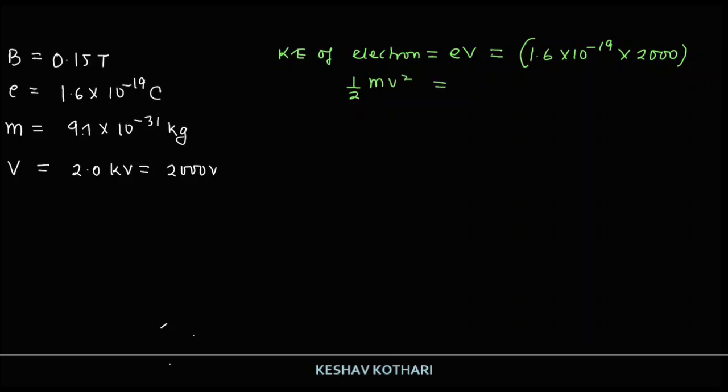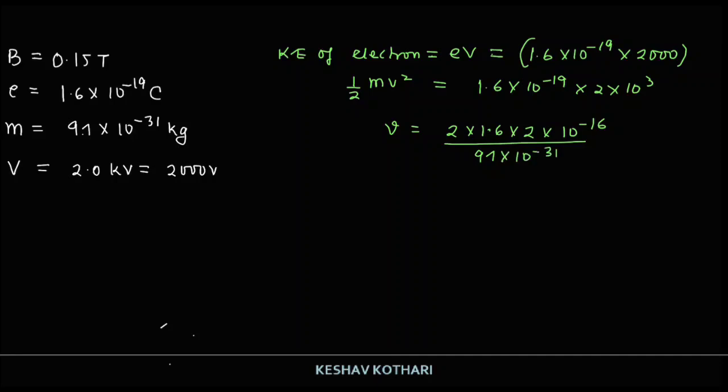So it is equal to 1.6 into 10 to the power minus 19 into 2 into 10 to the power 3. From here we can say that the velocity of the electron when projected in the magnetic field is the square root of 2 into 1.6 into 2 into 10 to the power minus 16 upon mass, which is 9.1 into 10 to the power minus 31 kg. So the square root of this value in meter per second is the value of velocity that we have.